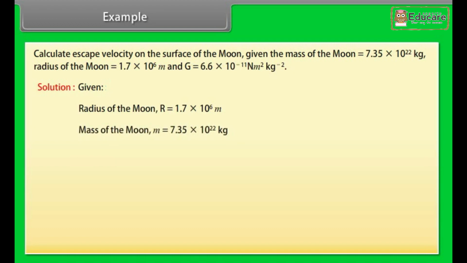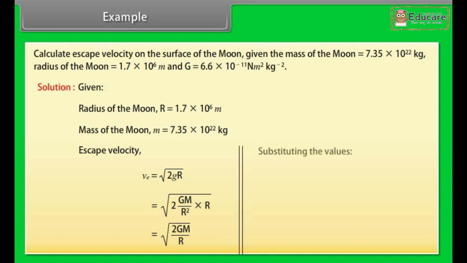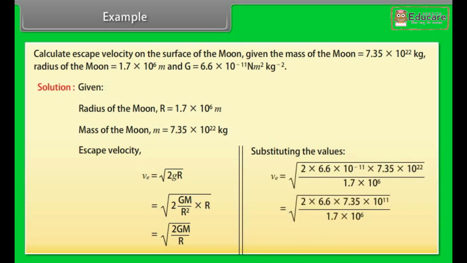Mass of the Moon M is equal to 7.35 into 10 to the power 22 kilogram. Escape velocity is equal to under root 2gR. By putting the value of g, we get escape velocity is equal to under root 2GM upon R. By substituting the values, we get escape velocity is equal to 2.4 into 10 to the power 3 meter per second.